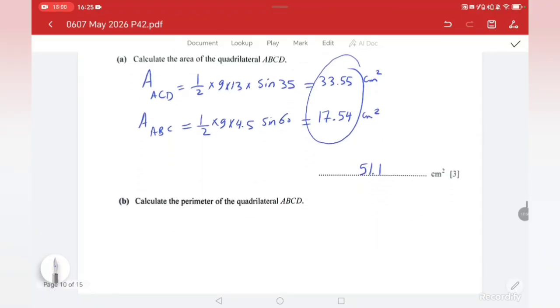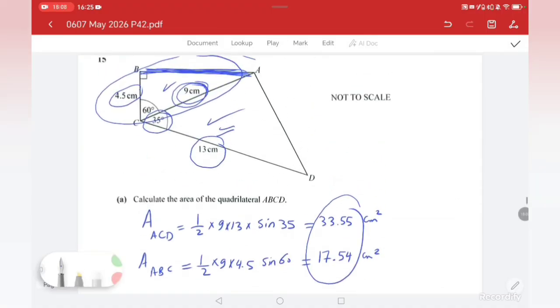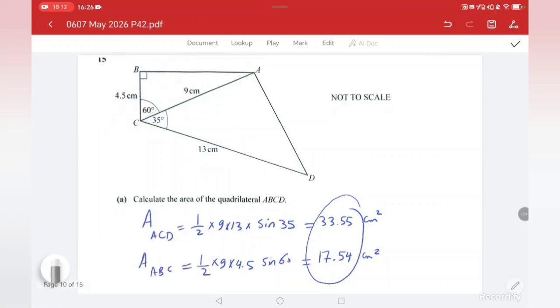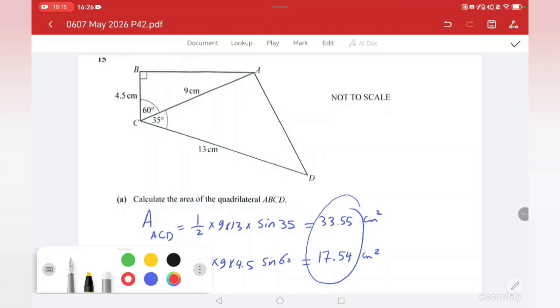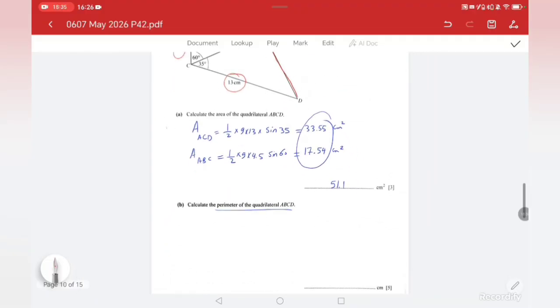Now calculate the perimeter of the quadrilateral ABCD. If we need to find the perimeter, let's see which sides we have and which sides we need. We have this side, we have this side, but we need to find this one, and we need to find this one as well. So in this side AB, I can use Pythagoras to find the third one. I have two sides.